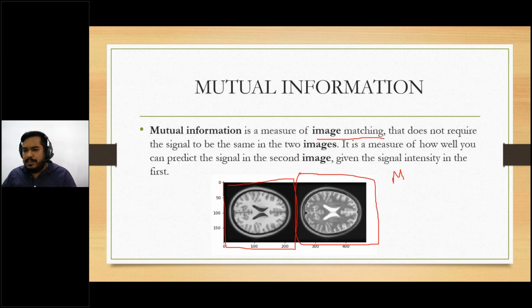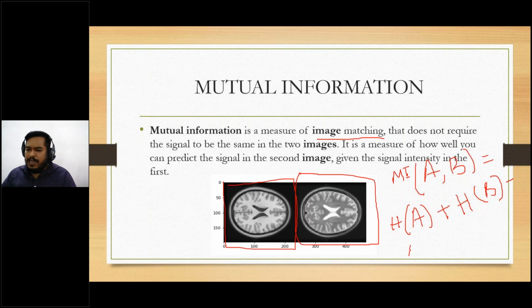Mutual information for two images A and B will be written as the entropy, denoted by H, of the first image plus the entropy of the second image, subtracted by the joint entropy of both images. So this is the expression to find the mutual information.